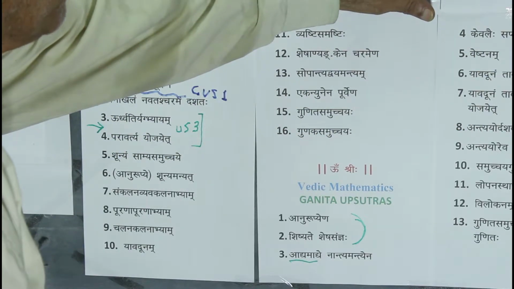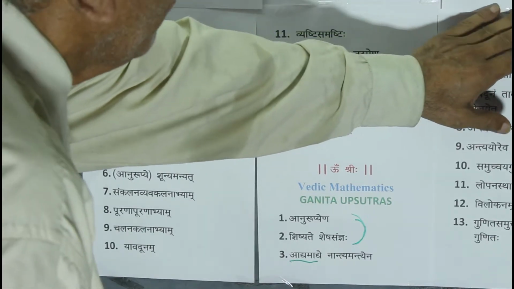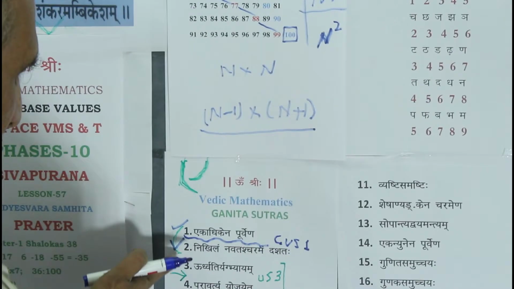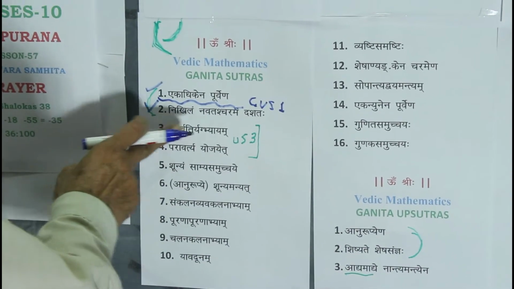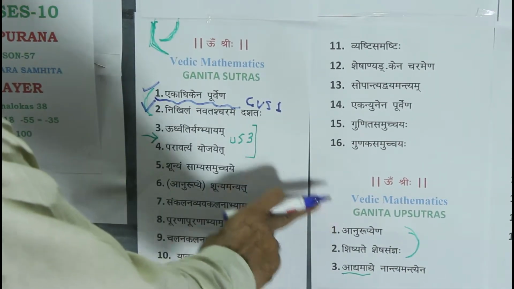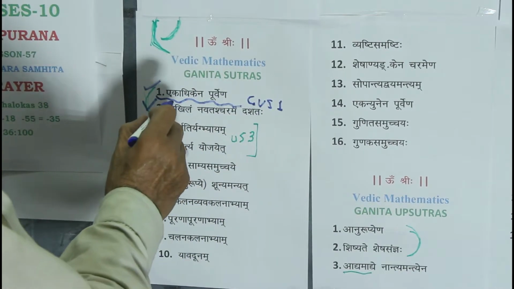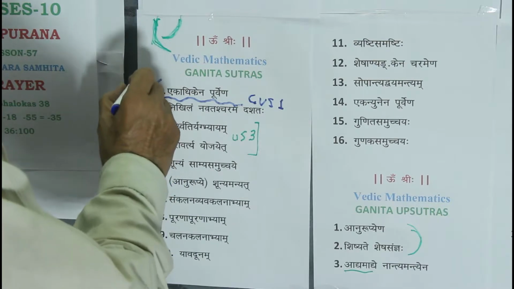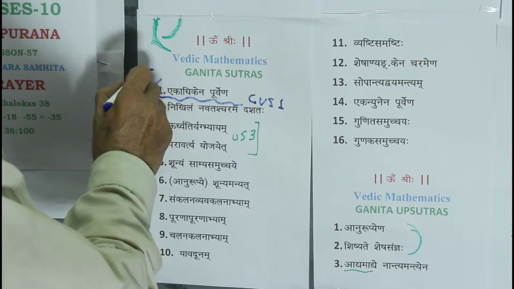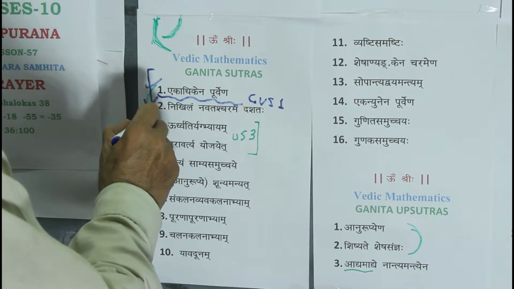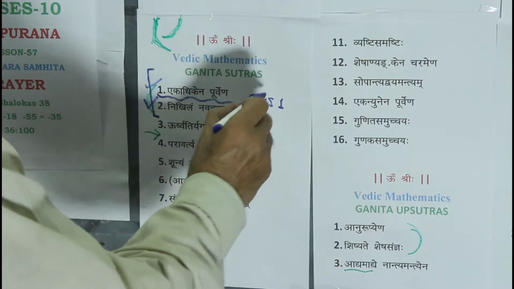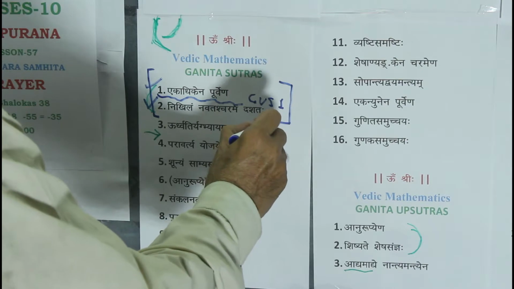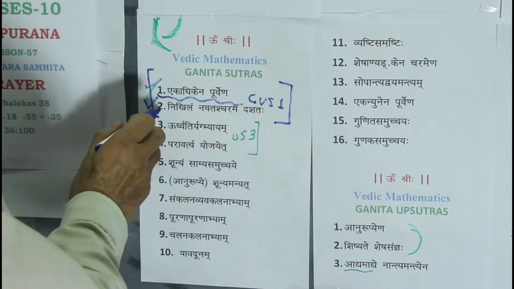from dimonad format to trimonad format is attained in the form of the augmented text, which brings in Ganita Upsutra 1. Therefore, Ganita Upsutra 1 is being availed for having a chase of the mathematics of transition from the format of Ganita Sutra 1 to Ganita Sutra 2.